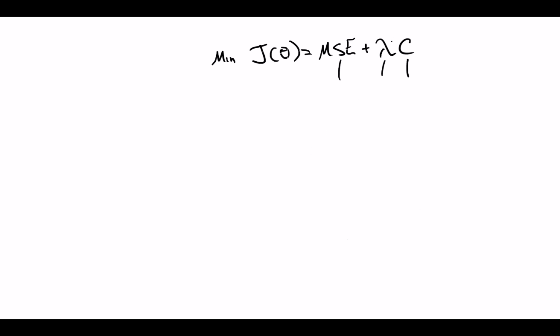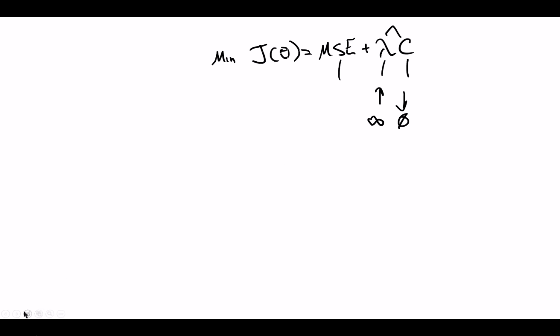There's an inverse relationship between C and lambda here. C is complexity, lambda is regularization, and so if you were to increase lambda, then all things being equal, the C would have to go down. And on top of that, if we set regularization to infinity, then complexity would drop to 0.